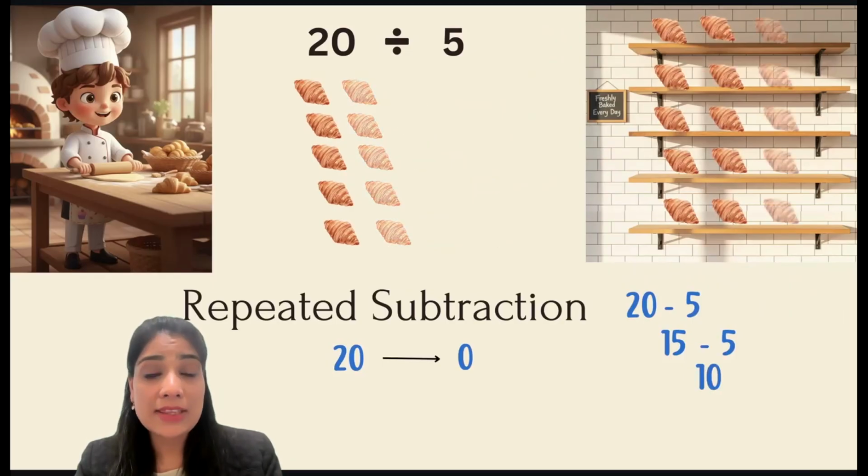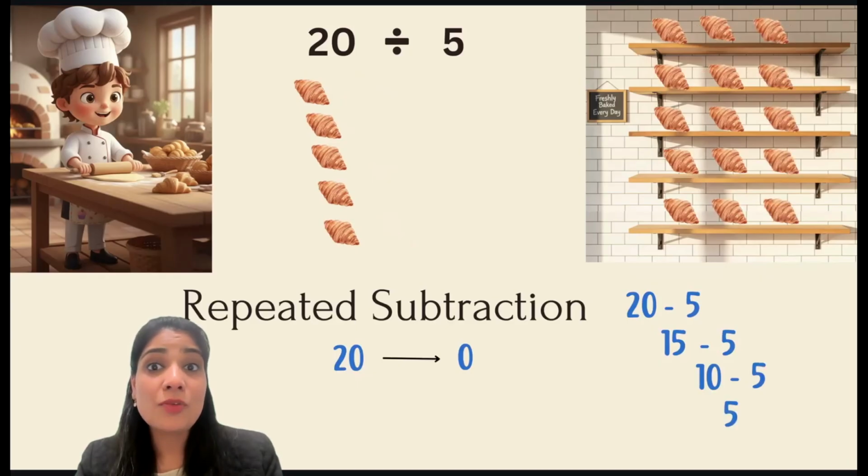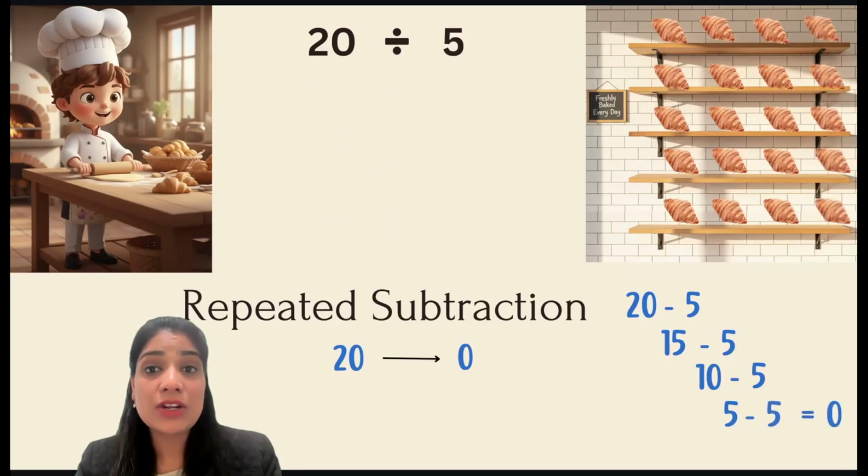We placed another 5 croissants. 10 minus 5 becomes 5. And you place another 5 croissants. 5 minus 5 is 0. There are no more croissants to place. So how many subtractions did we do? 1, 2, 3, 4. 4 subtractions. So 20 divided by 5 is 4.